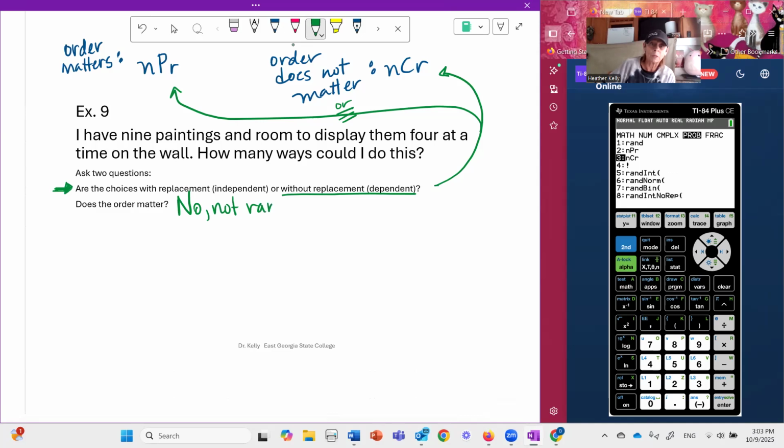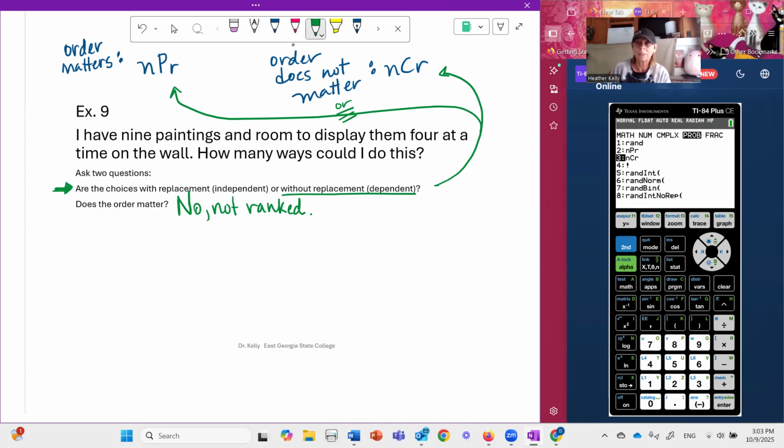You don't have to give me a reason why you think the order matters or doesn't matter, but I want to explain to you so you can look back later. If your brains are scrambled by now, you can look back later when you watch this again, and get it a little bit clearer.